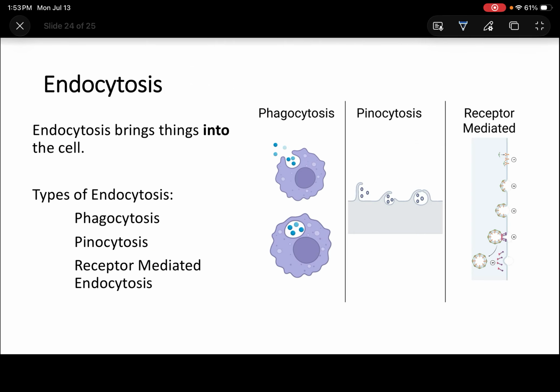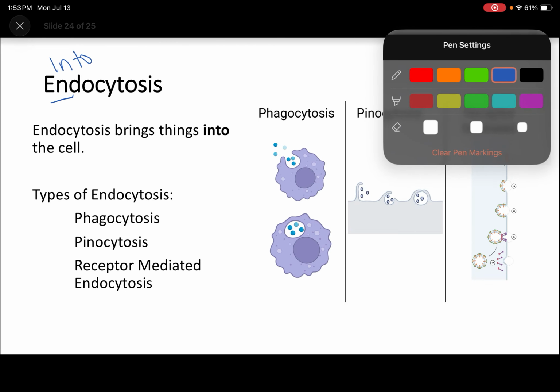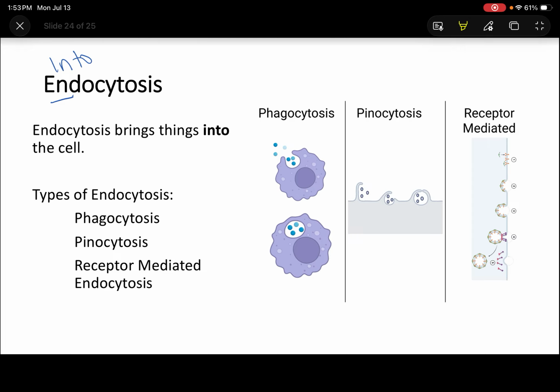The first type of bulk transport is endocytosis. When you hear endo, I want you to think into. This is a type of transport that brings things into the cell. And there are three types of endocytosis that I'm going to briefly talk about. The first type is phagocytosis.